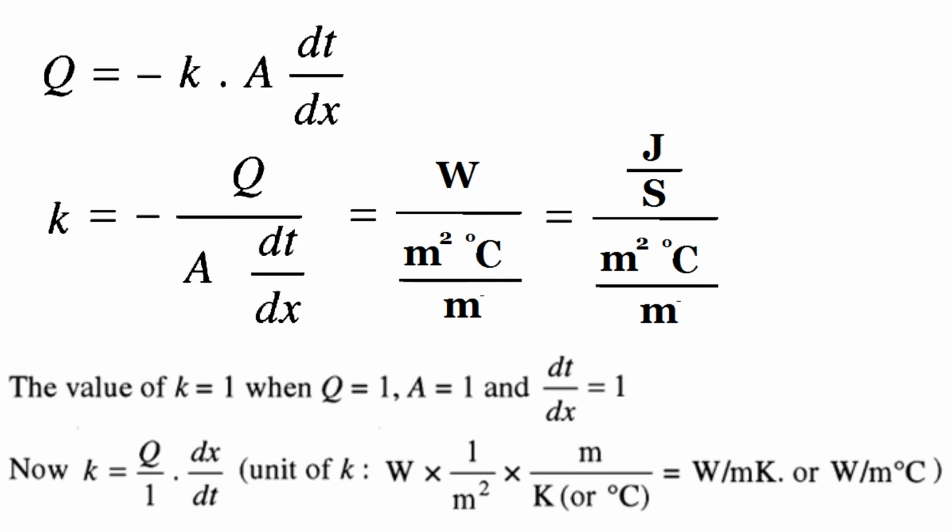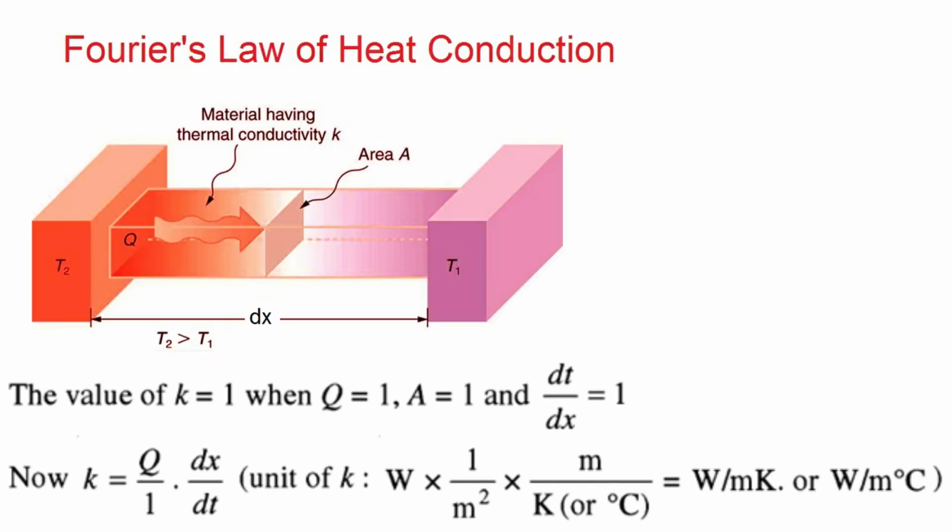Thus the thermal conductivity of a material is defined as follows: the amount of energy conducted through a body of unit area and unit thickness in unit time when the difference in temperature between the faces causing the heat flow is unit temperature difference.